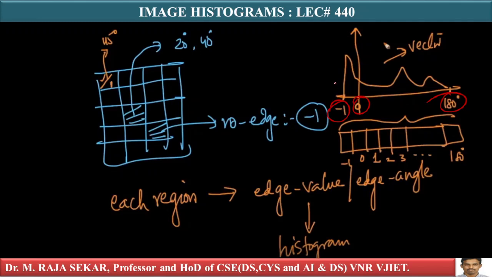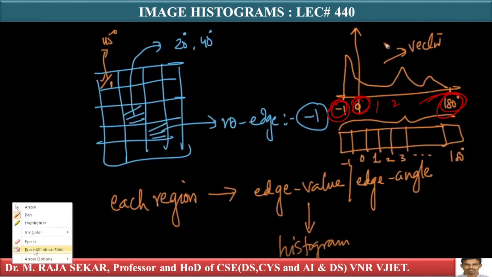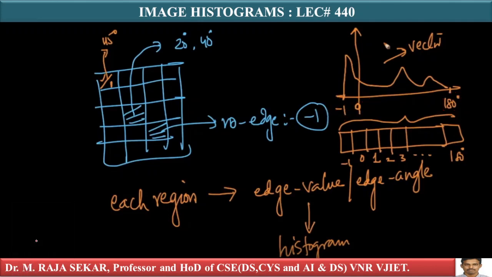Once I get the histogram, I can convert it into a vector, just the way we did it for color histograms. When I construct a vector, one value is -1, just one value is 0 degrees, one value is 1 degree, one value is 2 degrees. Similarly, one value is 180 degrees, isn't it?